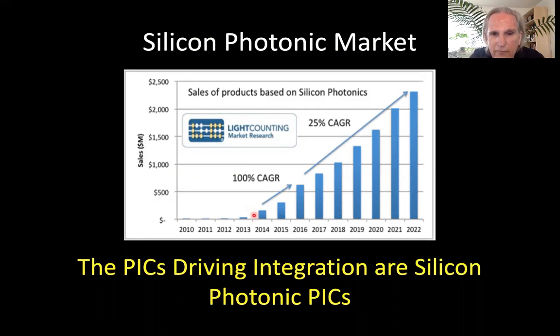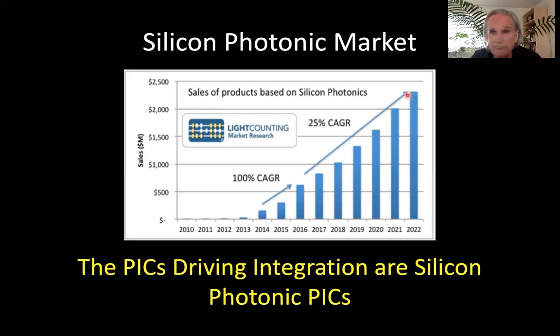But at any rate, from 2014, the market grew at a rate of about 100% compound annual growth rate. Since about 2017, it's been growing at 25% compound annual growth rate. And silicon photonics went from being essentially not a market at all in 2010 and still pretty much an infinitesimal market by 2013. It's now a multi-billion-dollar market. It's a very big deal.